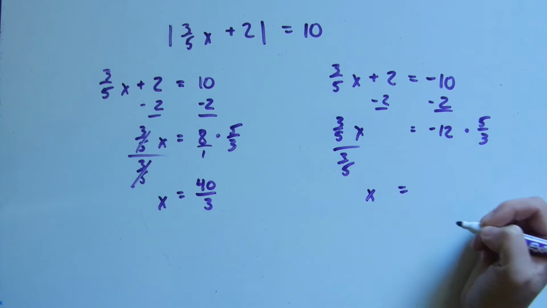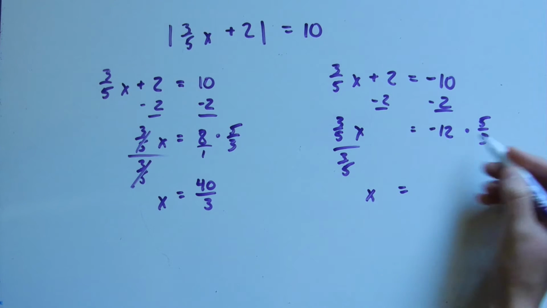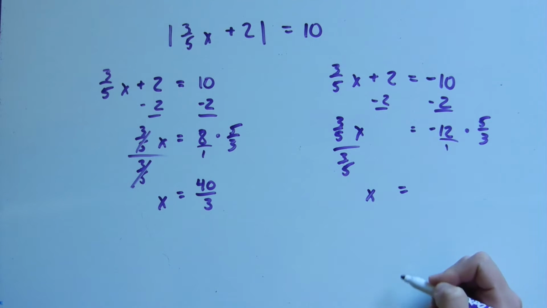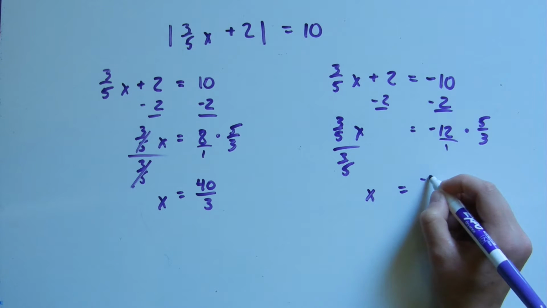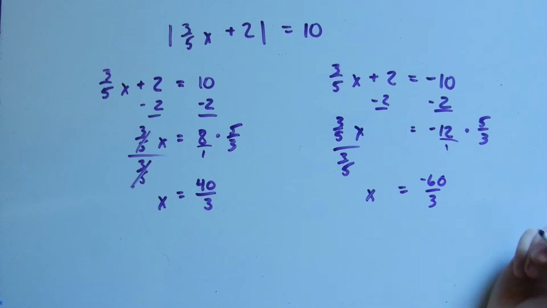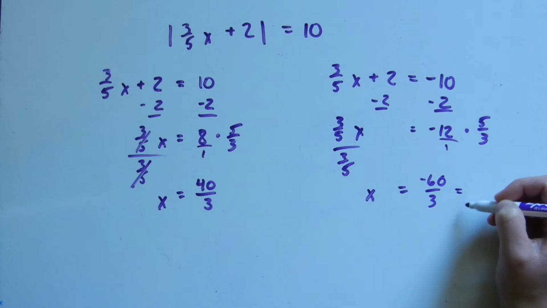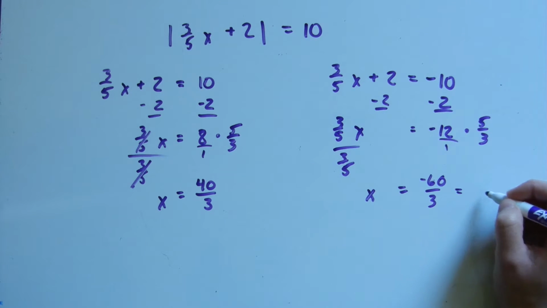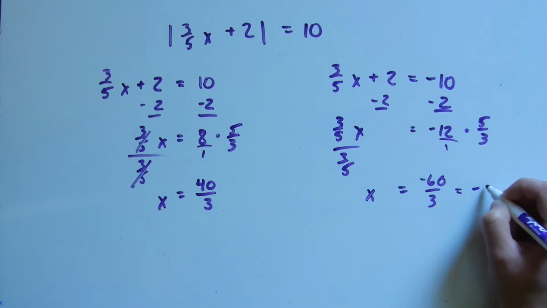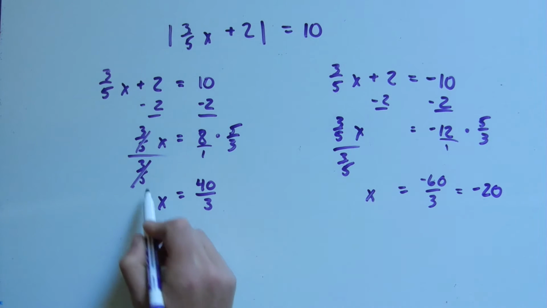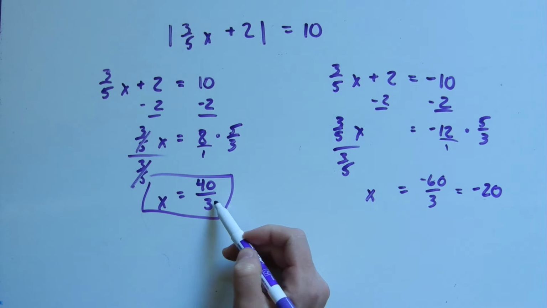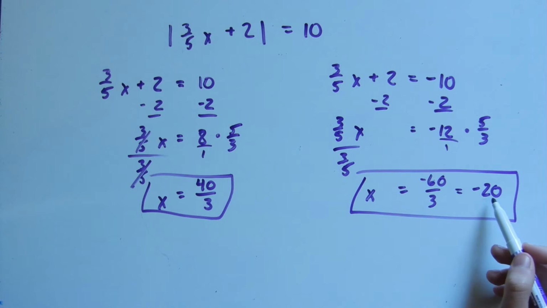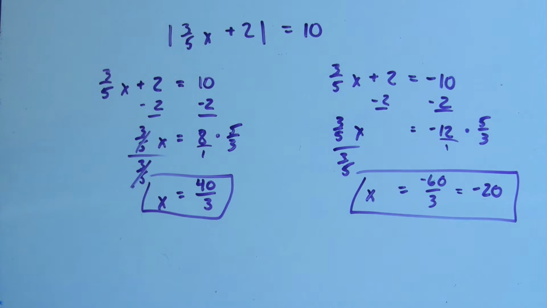Or x is equal to negative 12 times 5 over 1 times 3, so that would be negative 60 over 3, but negative 60 over 3 can be simplified down because 3 goes into 60 20 times. So we have that x is equal to 40 over 3, or x is equal to negative 20.